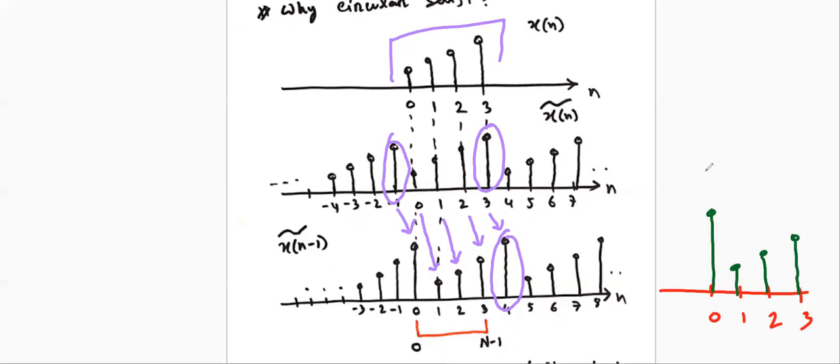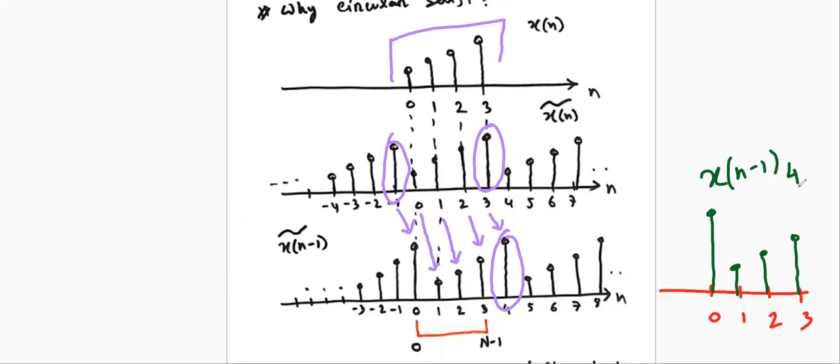So this is the portion of x[n-1] due to the circular shifting. To understand the circular shifting, we always put this subscript of the n value. Okay, so this is all about the circular shifting.